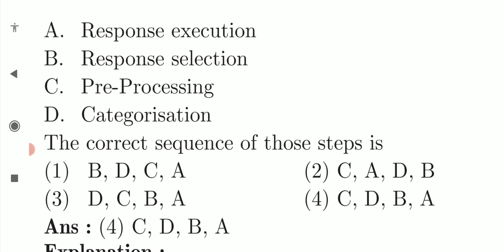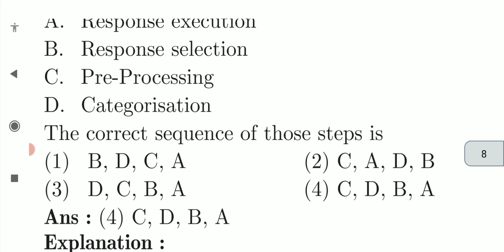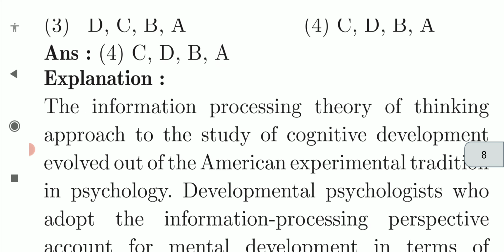Then we have to categorize those things. And then we have response selection. Just think, the obvious thing is pre-processing would be the first one and response execution would be the last one. In between, after pre-processing, there would be categorization and then response selection, right?